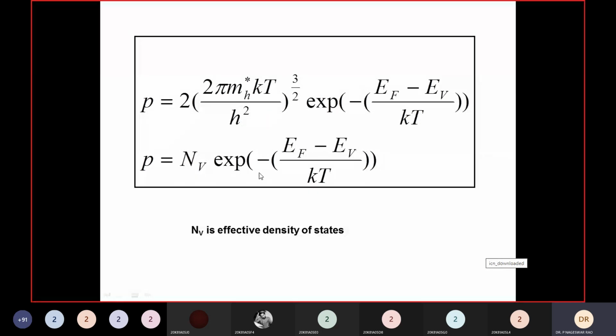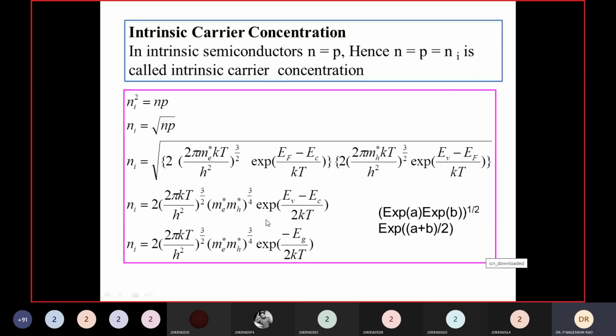Now we are calculating the intrinsic carrier concentration. What does intrinsic carrier concentration mean? Ni square is equal to n into p, the formula for intrinsic carrier concentration.